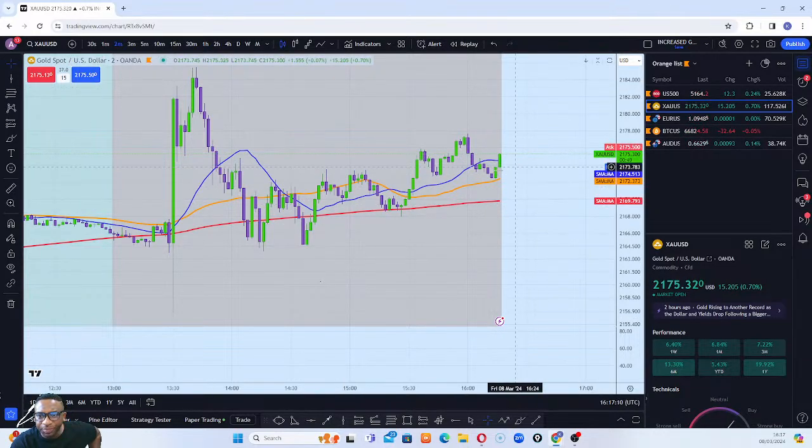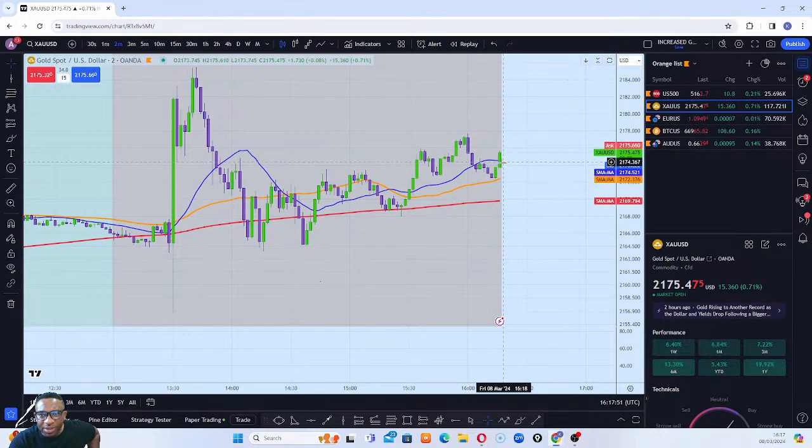So gold here. Looks like it's pushing up. As we always say, we can see how price came back to the blue line and then got held up between the 20 moving average and the 50 moving average, which is this yellow line.